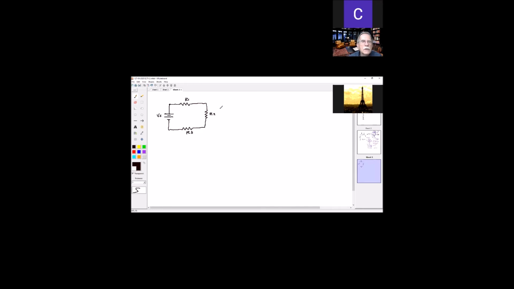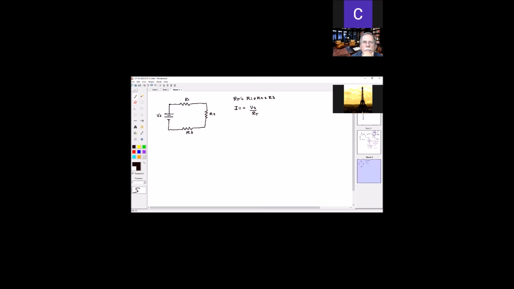So when we had a circuit, if we knew all the values, all the resistances and the voltages, we said that the first thing we would do is we would figure out RT, and that was going to be R1 plus R2 plus R3. And then we were going to find IT would be VS over RT, or REQ.